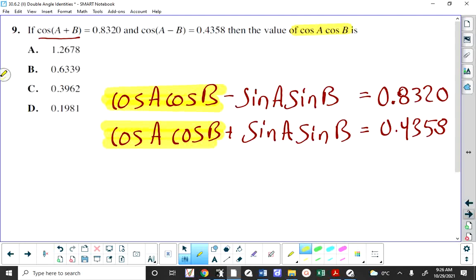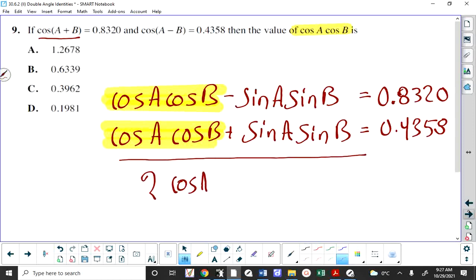We're not adding them to see if we can figure out what A and B are. We're simply adding them because I see that if I add them, I end up with 2 multiplied by cosine of A multiplied by cosine of B is equal to what I believe is 1.2678.